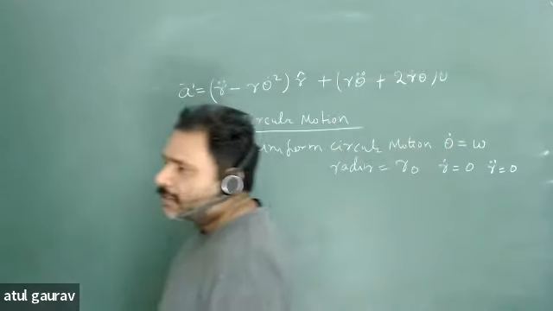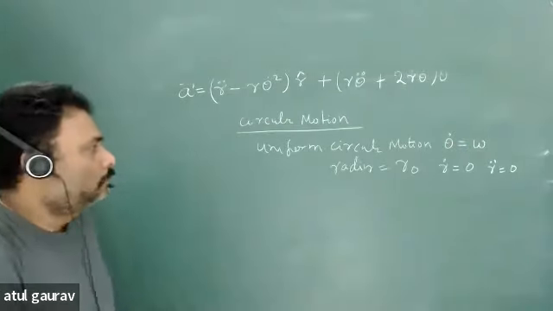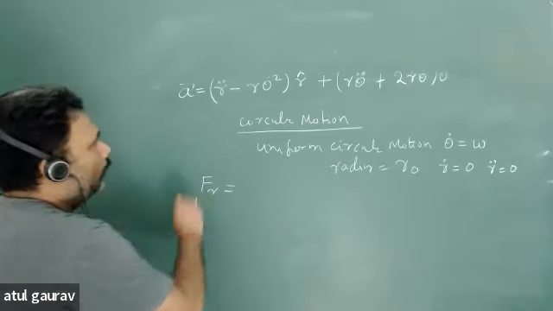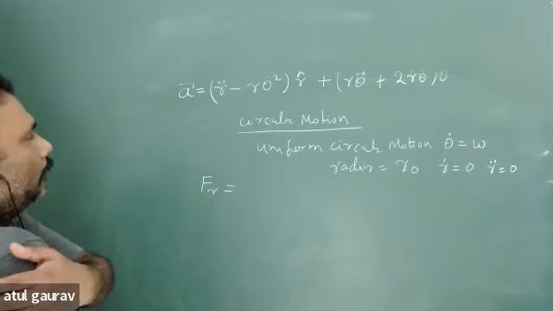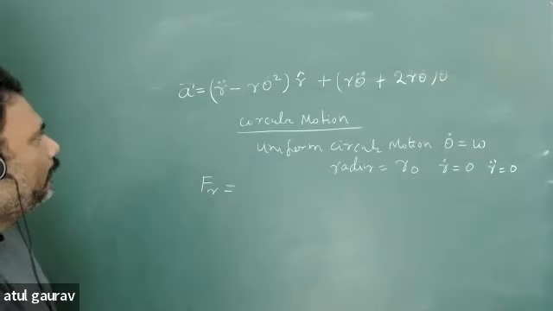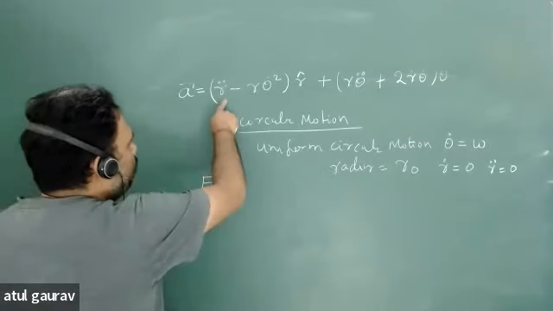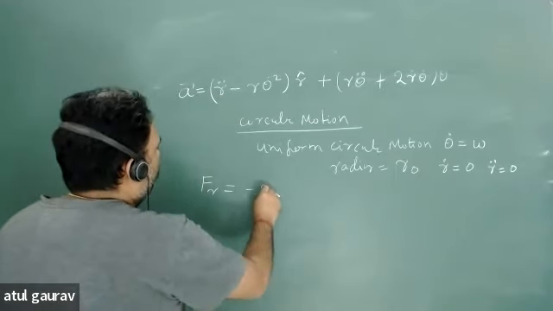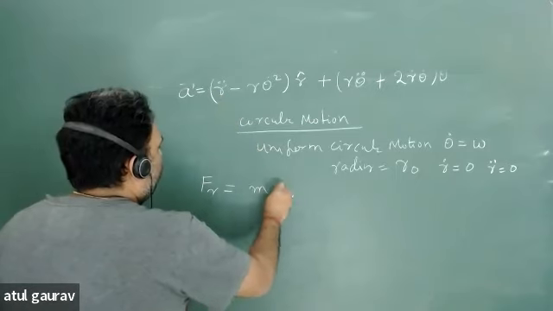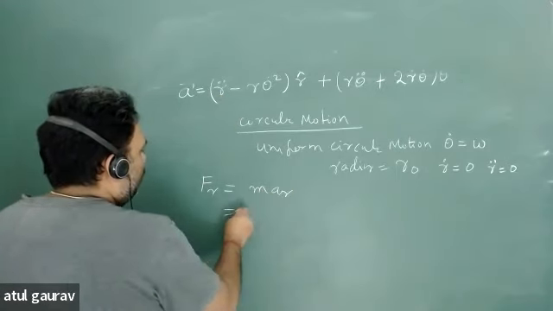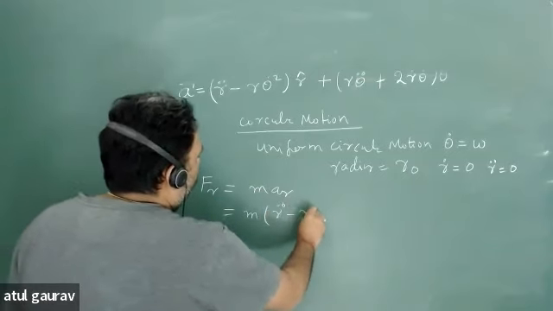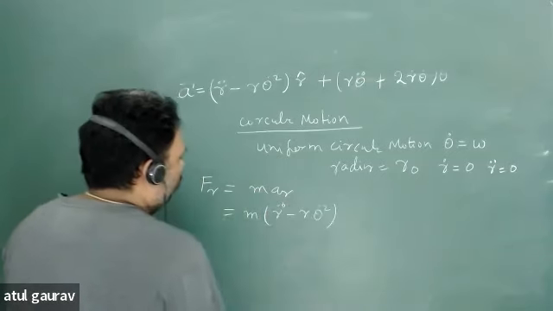So what is the condition of circular orbit? What will happen to FR? FR is actually M AR, which is M times R double dot minus R theta dot square.